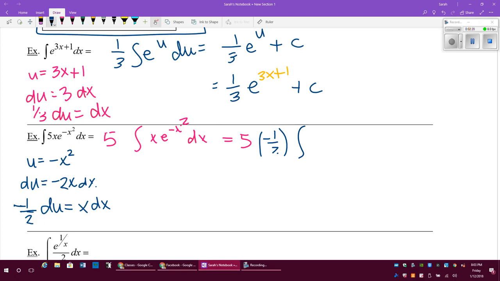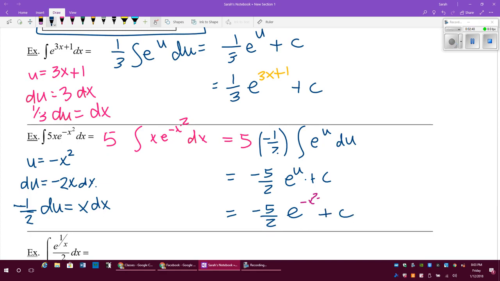Integral, my x gets taken care of by the du, so I basically end up with e to the u du. For a final answer of negative, well, almost final answer, negative 5/2 e to the u plus c. It's an indefinite integral, so don't forget your plus c. Last and final step, toss in your e to the negative x squared. And don't forget your plus c.